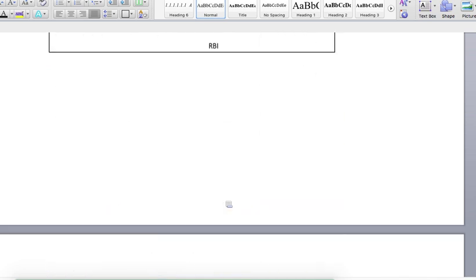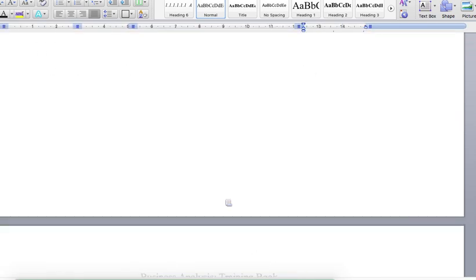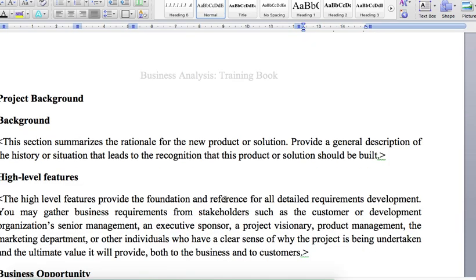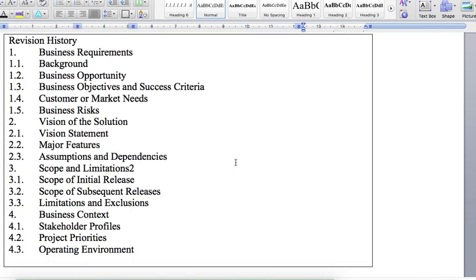So this is what we are talking about, solution scope. I'm just checking if there is any data modeling diagram. Hold on. That's in a different chapter.